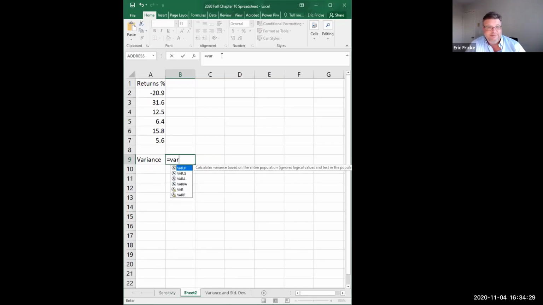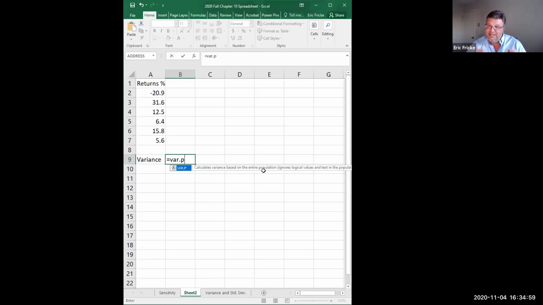So it's just an easy formula in Excel. It's called the var formula. But if you're able to read this here, we're going to use the var.p, and that's the variance for a population. And the reason we can use that is because we want to know the variance for these 6 years that we got. And the 6 years is the total population. It's not like we sampled 10% of all the years.